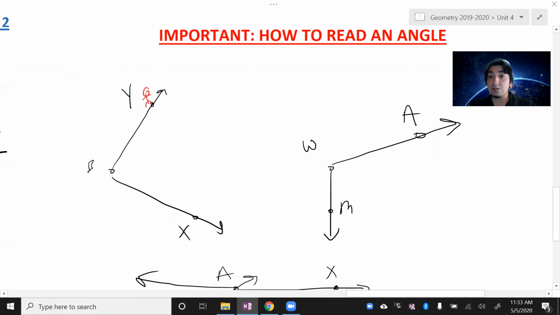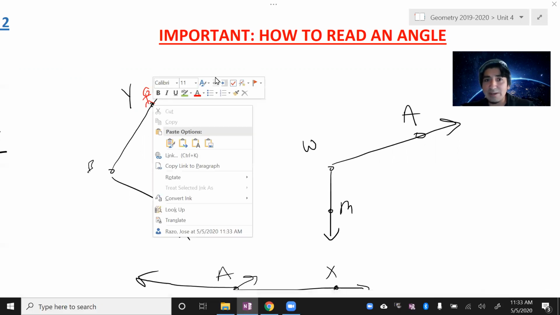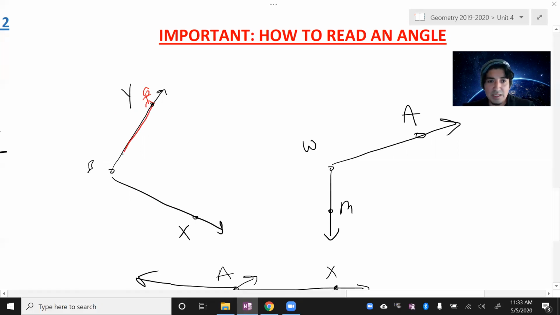In order to create an angle, you have to walk towards 3 points. If we start at Y, and we're trying to name an angle, you walk towards B. So now you have Y, you have B, and then you walk towards X, okay? And there you go.